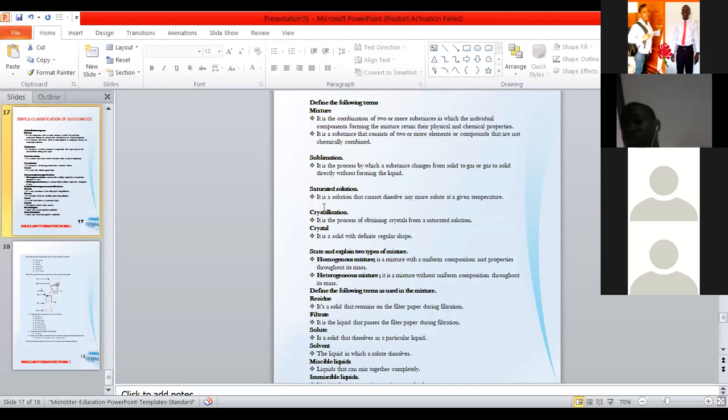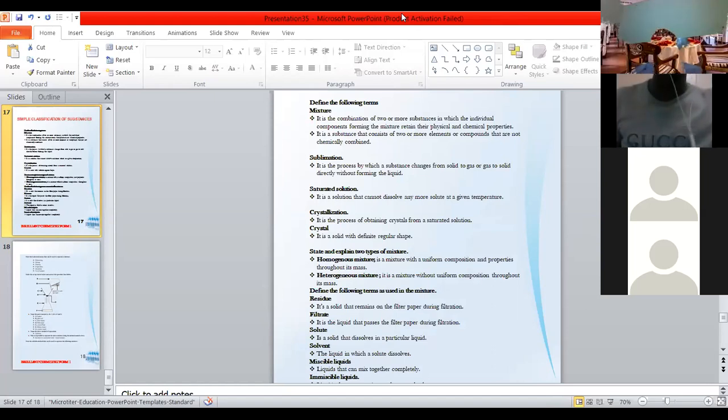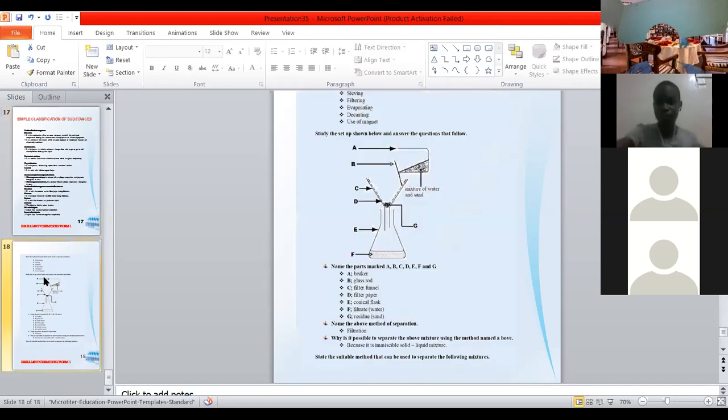Crystallization. What is crystallization? The process of obtaining crystals in a saturated solution.